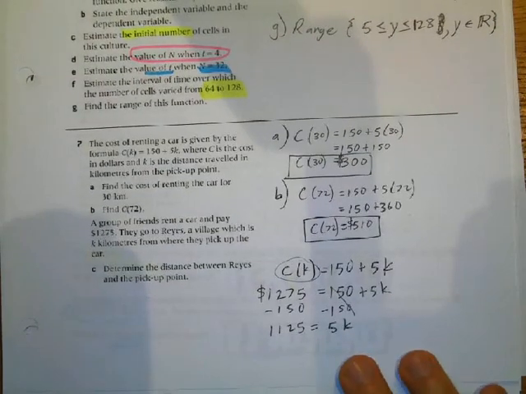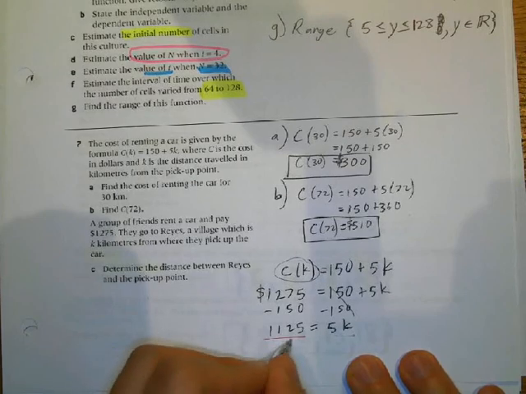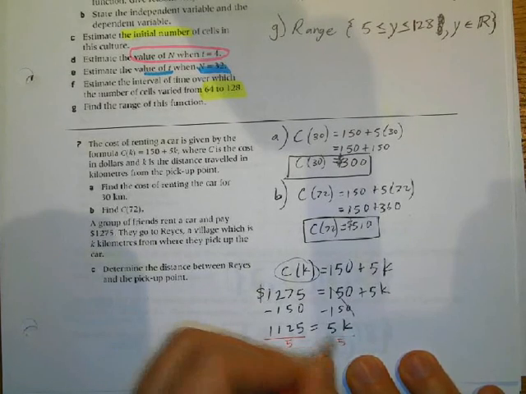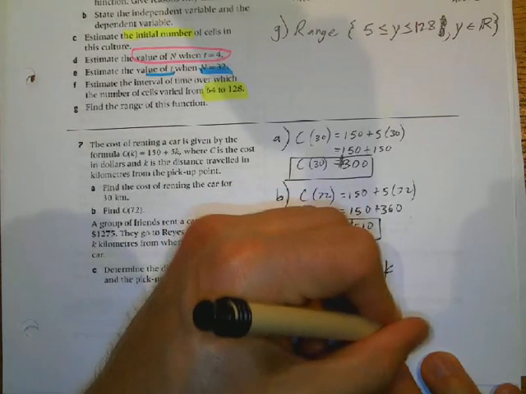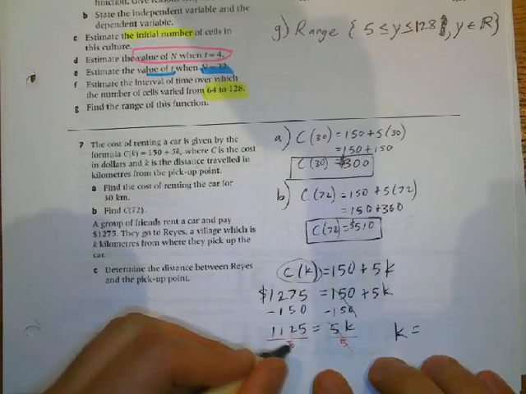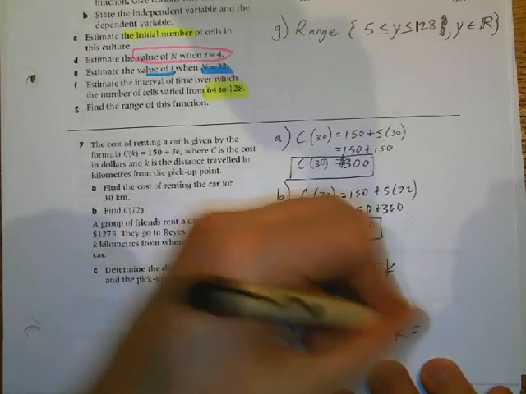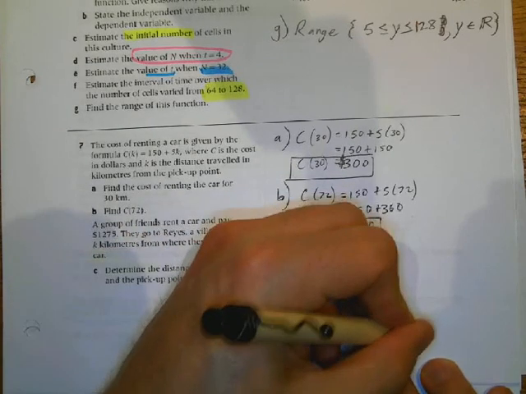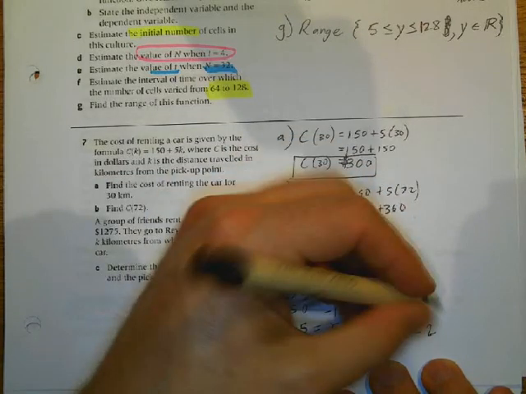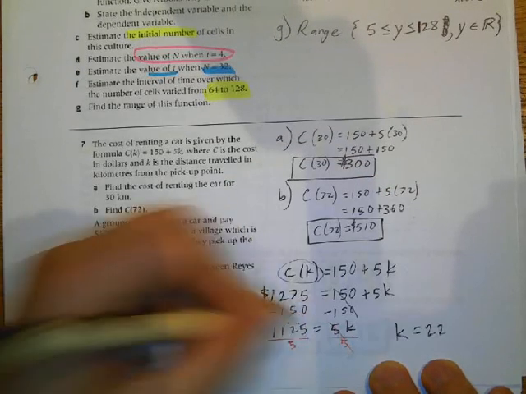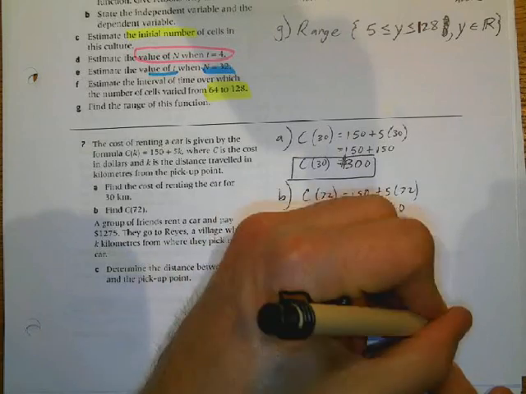And then the last step is I'm going to divide by 5 to make that cancel out. And then I'm going to get K equals: 5 goes into 11 2 times, carry the 1. 5 goes into 12 2 times, carry the 2. 5 goes into 25 5 times.